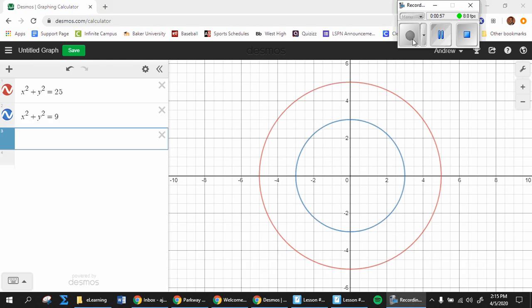All right, when you type in those first 2 equations, x squared plus y squared equals 25 and x squared plus y squared equals 9, we get these 2 graphs here. The 2 questions being asked are, what does the number to the right side of the equal sign tell us? And then where is the center of our circle? So if we notice here, the blue circle has a radius of 3. The red circle has a radius of 5.